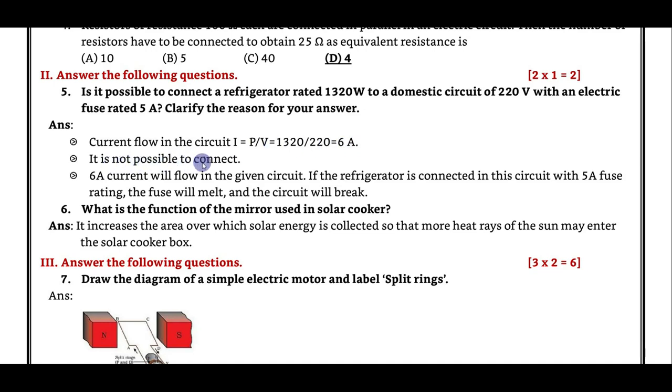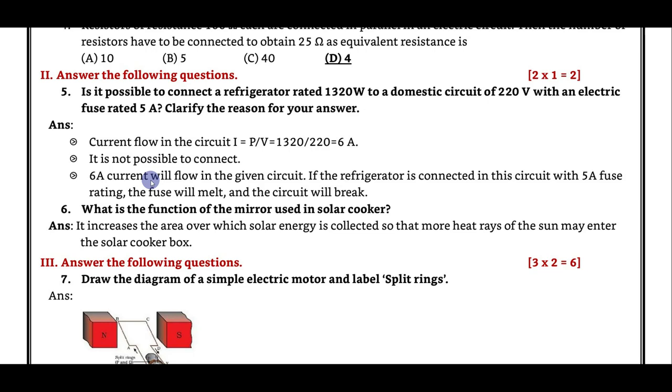It is not possible to connect because the flow of current is 6 ampere, but it is connected to a fuse rated what? 5 ampere. Therefore 6 ampere current will flow in the given circuit. If the refrigerator is connected in this circuit with a 5 ampere fuse, the fuse will melt and the circuit will break. The maximum limit of the fuse is 5 amperes, but the current flow is 6 ampere. Therefore the fuse will definitely melt and it will break the circuit.